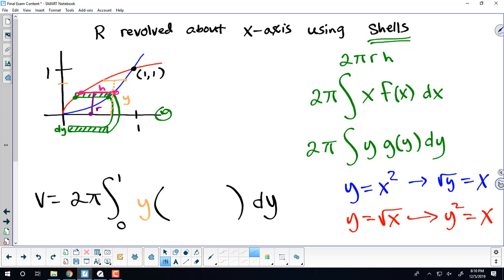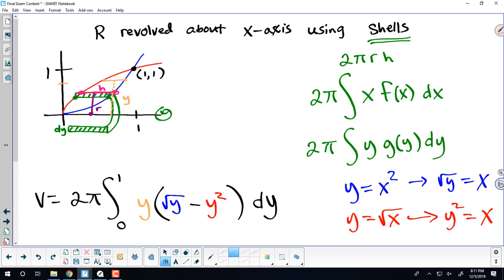The height of each cylindrical shell is defined as the right minus the left. And so you just distribute the y, integrate powers of y again.